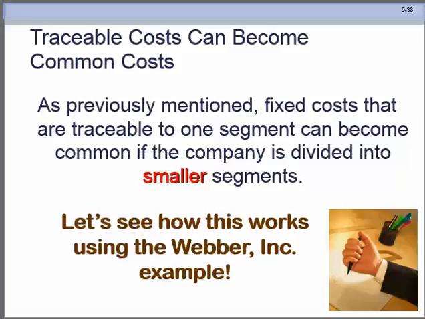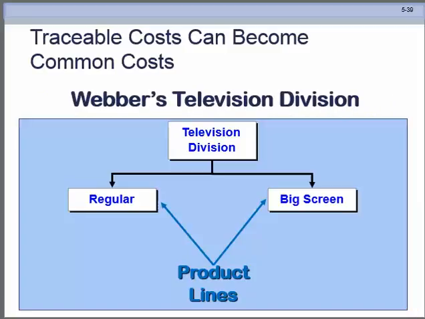Okay. So fixed costs that are traceable to one segment can become common if we make smaller segments. So let's go back to our example here and see how this works. Here are our product lines within the television division.